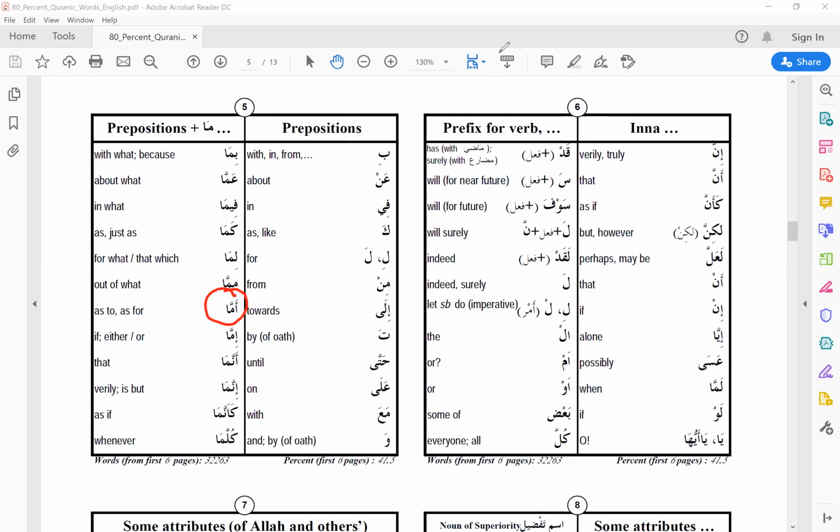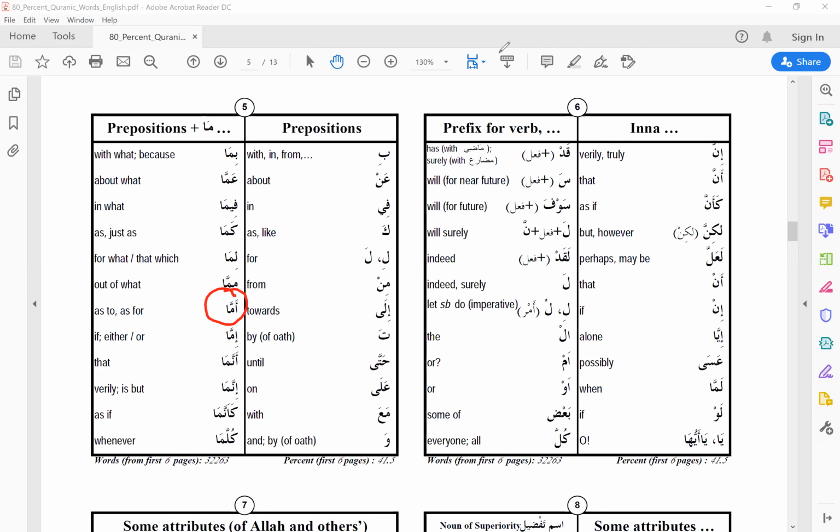Now, one thing you want to pay attention to is that amma would mean that there is an explanation coming up. So as for such and such. As for is going to be that point that is going to be more descriptive of how this is distinguished from other items. So this would be amma, as for.